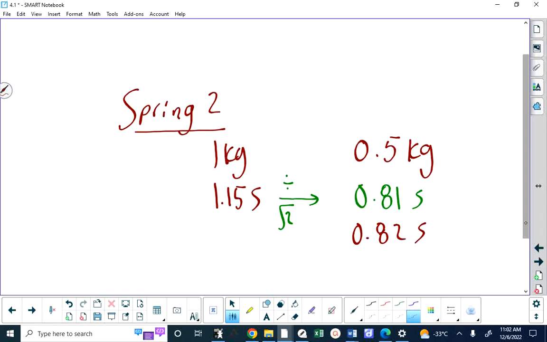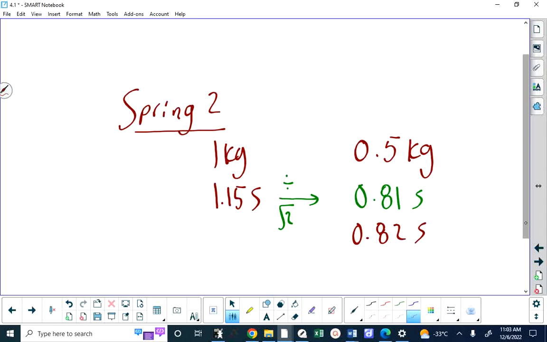So there's some relationship here, everybody. I hope you understand what we've learned here. There's some relationship between the spring constant and the period. Because when I did this spring with a kilogram, I got a different period than that spring with a kilogram. But there's also a relationship between the period and the mass.